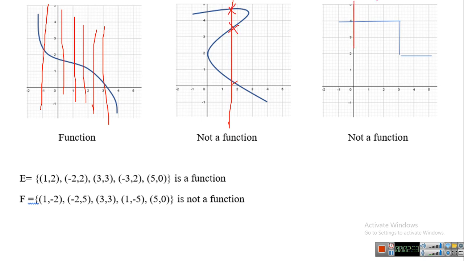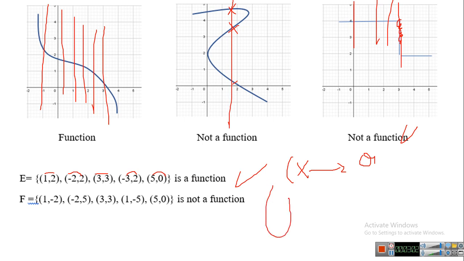Here, this is a function till now, but here, if you draw, you have this whole vertical line, infinitely many points of intersection. So this is not a function. Okay, it means for every x you must have only one y. So here, if you take this one with 2, minus 2 with 2, 3 has only 1, minus 3 has only 1, 5 has 1, 0.